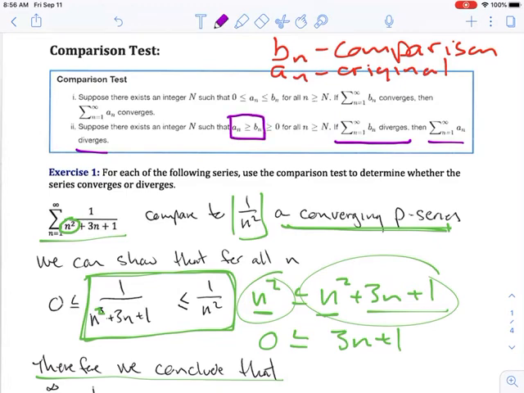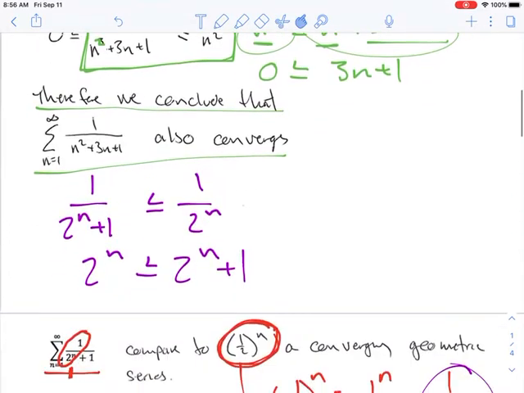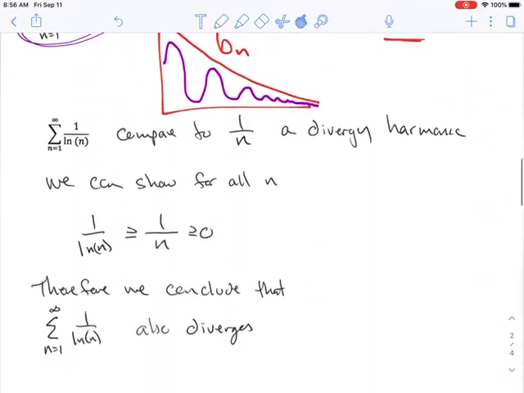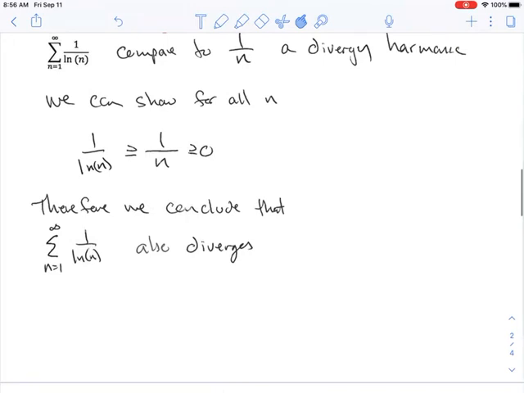So b sub n has to be less than a sub n now. If it is always less than or underneath a sub n, and b sub n diverges, then a sub n diverges. And graphically, here's what's going on with this. All right, so let's see where I have a little bit, I'm going to do that right here. So here's what's going on there.